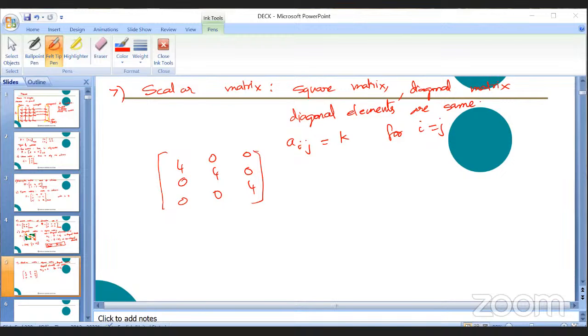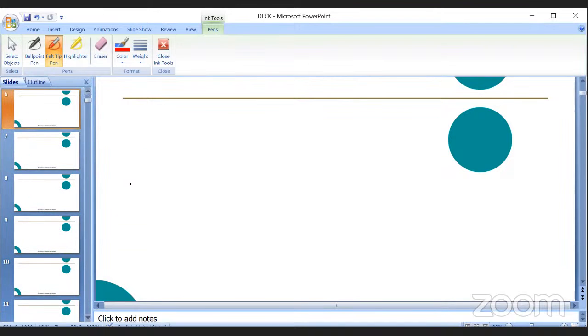The next is the identity matrix. What is an identity matrix? A scalar matrix in which diagonal elements are equal to 1.